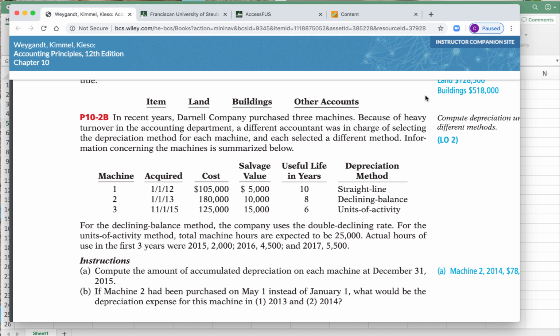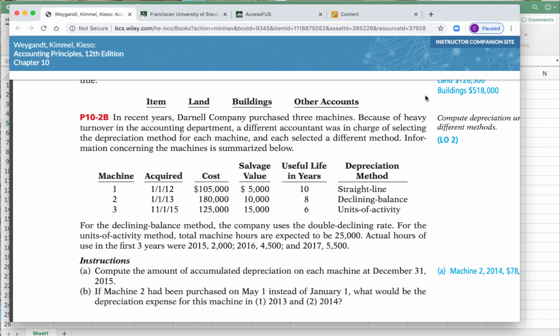The idea is that management should try to allocate the cost of running that machine to the revenue that it generates. Maybe straight line might be a good method for one machine. A second machine, well, maybe double declining would be a better method to use, right?